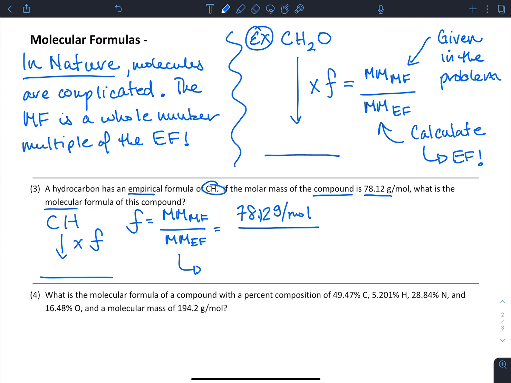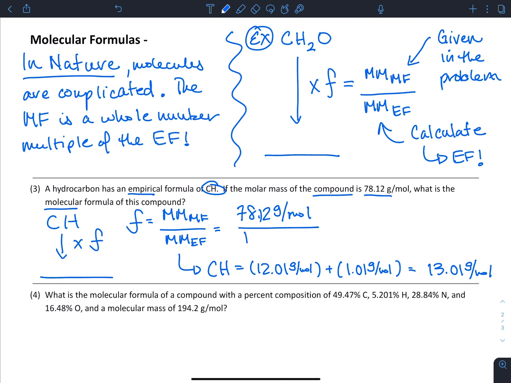Since we know the formula is CH, we just need to calculate that molar mass by taking 12.01 grams per mole for the carbon and then adding in one hydrogen at 1.01 grams per mole. So the molar mass of the empirical formula is going to be 13.02 grams per mole.